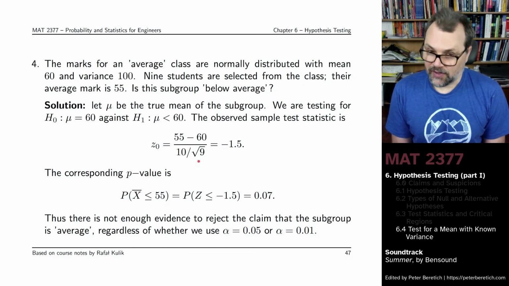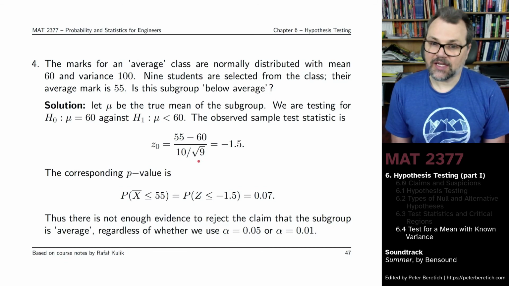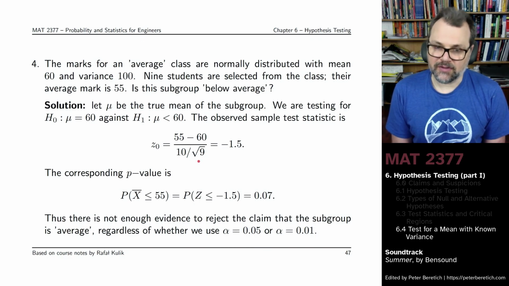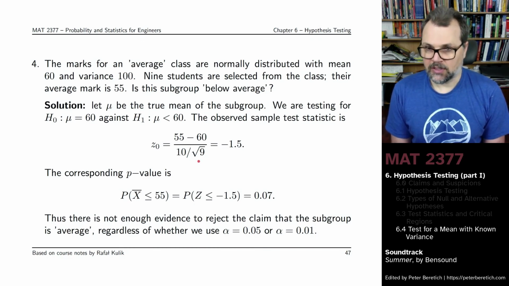It's a fairly small probability, about 7%. But 7% is still large enough for me to say that this could actually happen by chance. There's not enough evidence here to reject the claim that my class is average.